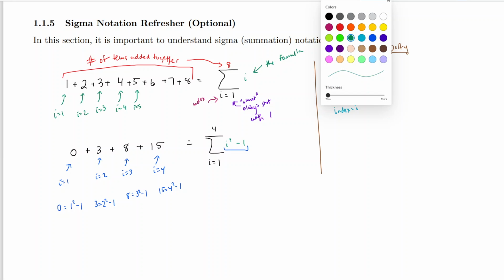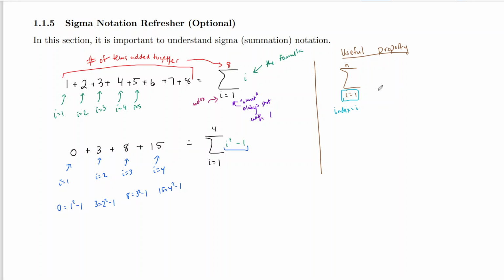is, let me go ahead and write down a kind of weird formula. Let's say we have I squared times the sine of I, over n squared plus 1. We don't want to actually try to find the sum here.